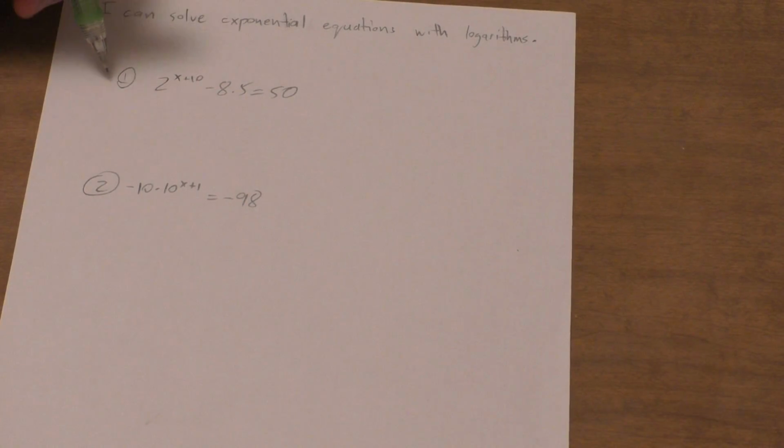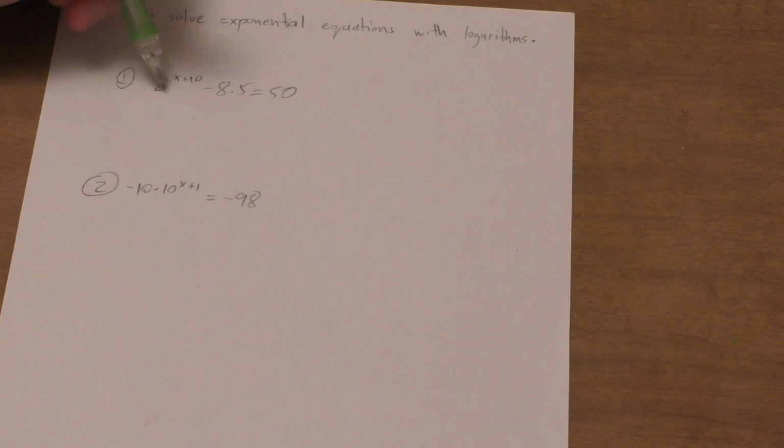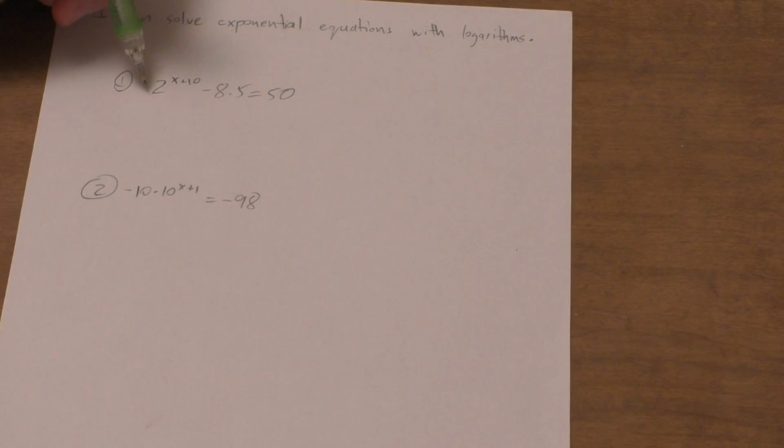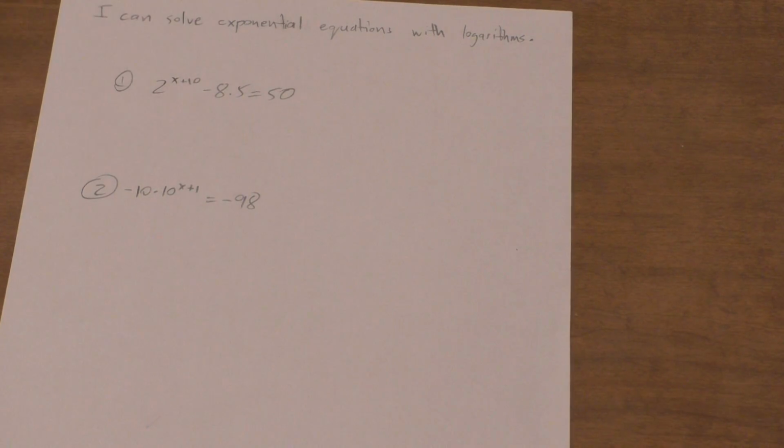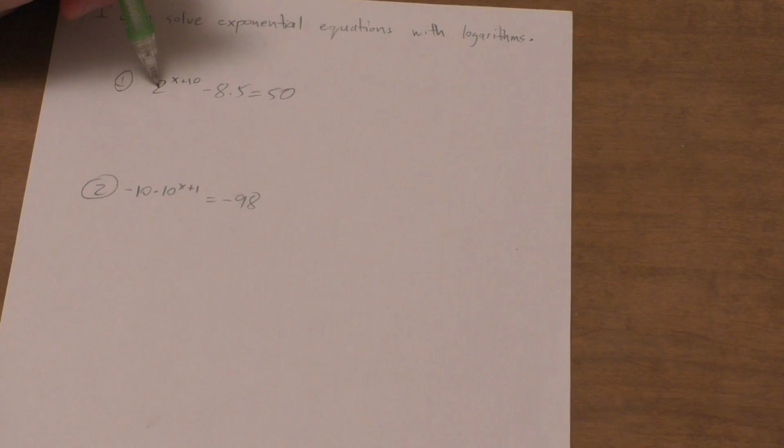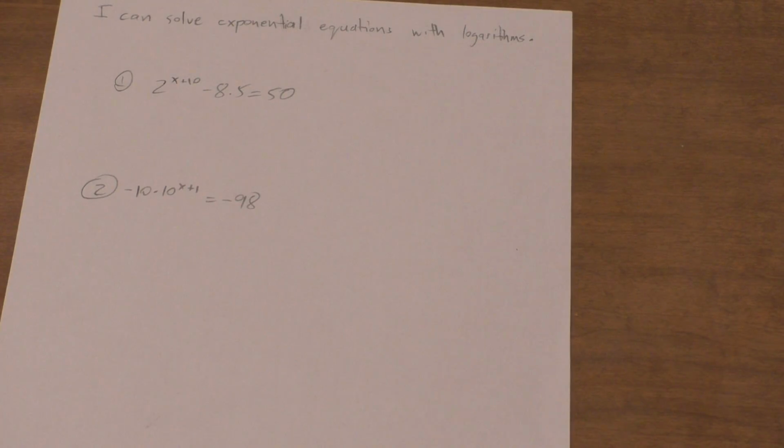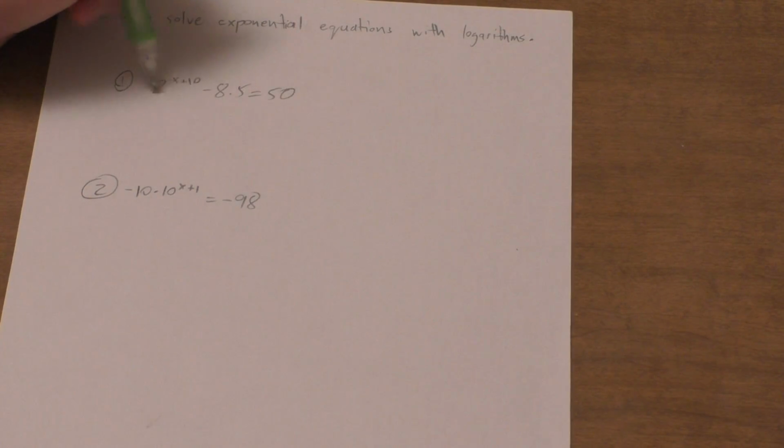But anyway, let's start with number one right here, which is on your worksheet that you'll complete. The first thing you're always going to do is get the exponential itself by itself. So I want this 2 raised to the x plus 10, with the exponent of x plus 10, by itself.